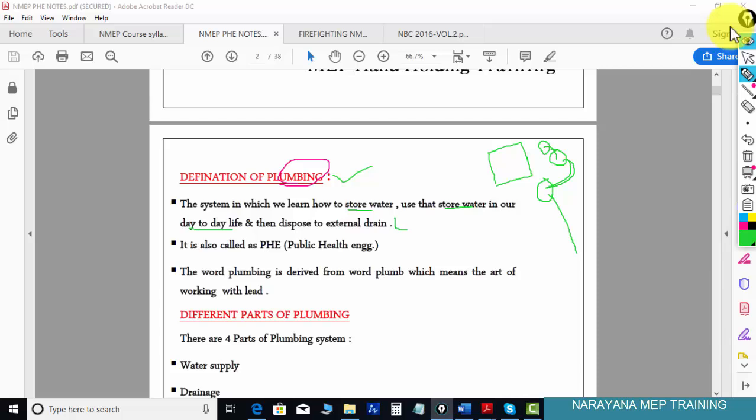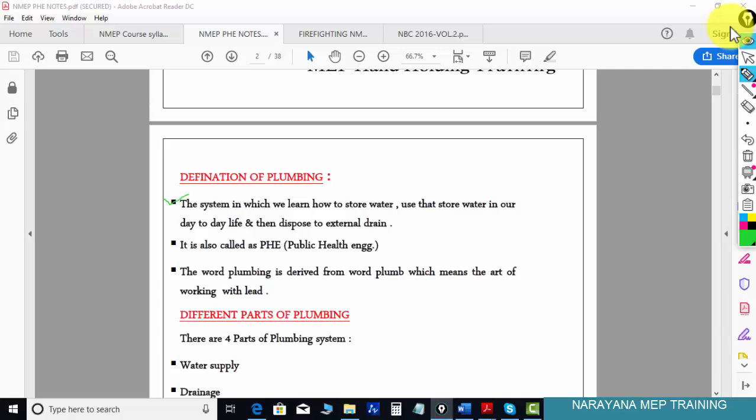You can mention in brackets 'in a hygienic way', not that you will throw it, meaning dispose of it in the open. That is not permissible as per plumbing law. Okay, this is done. First point.